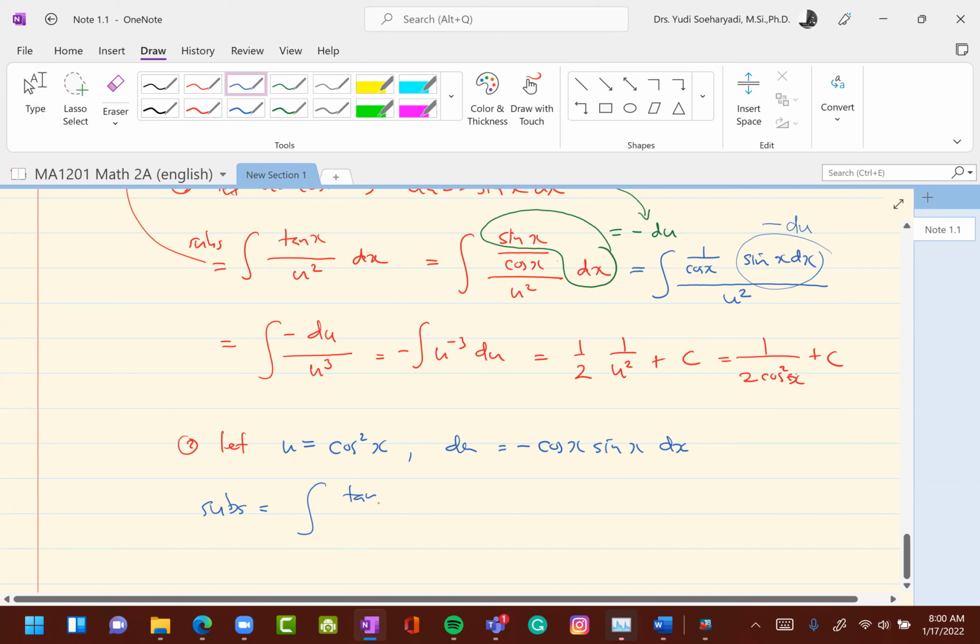But at least it's difficult now because you have tangent times dx, and you would like to replace this by du. So what times du here? Well, du here is sine times cosine, and here you have sine over cosine. So it doesn't match with this one.